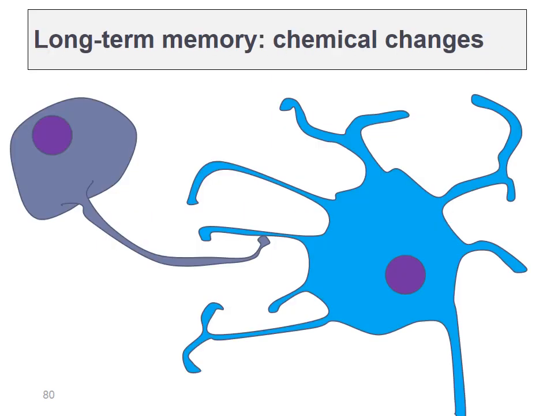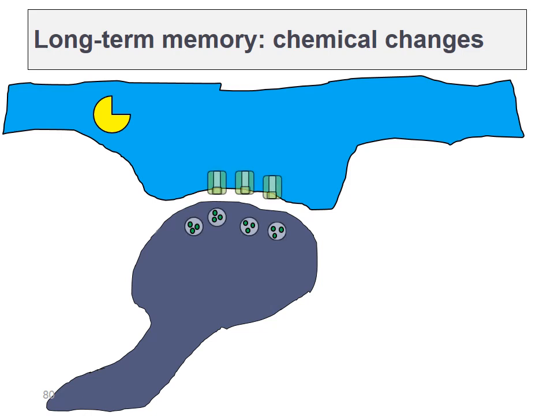To understand how these connections are strengthened, let's start by zooming in on a synapse here. Looking more closely, we can see that the axon terminal is capable of releasing neurotransmitter, which can bind to ligand-gated ion channels on the dendritic spine.